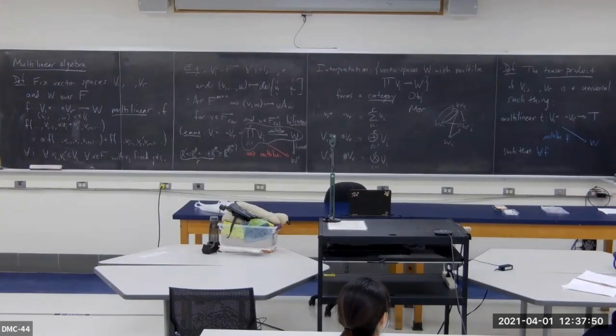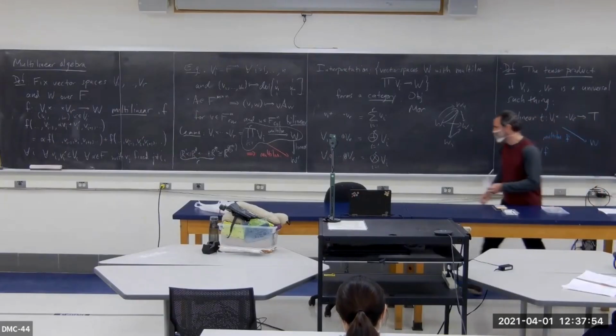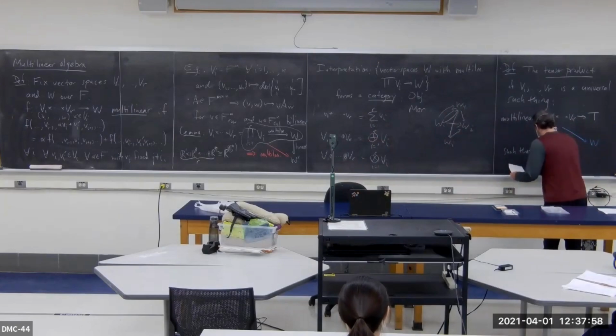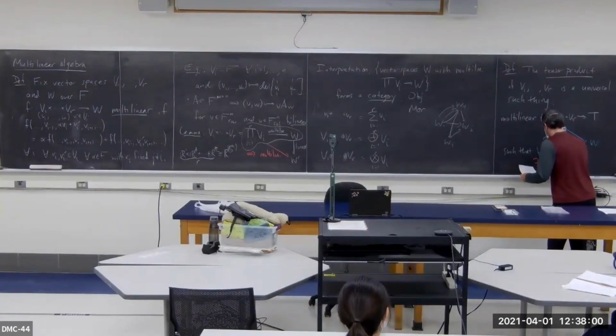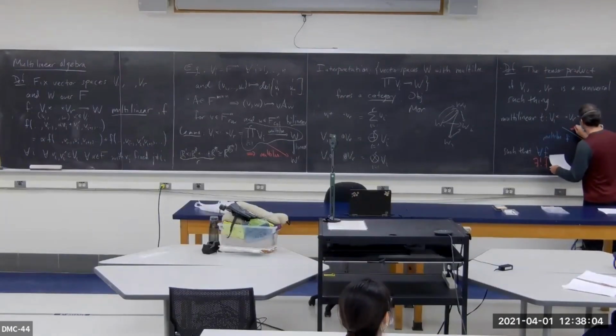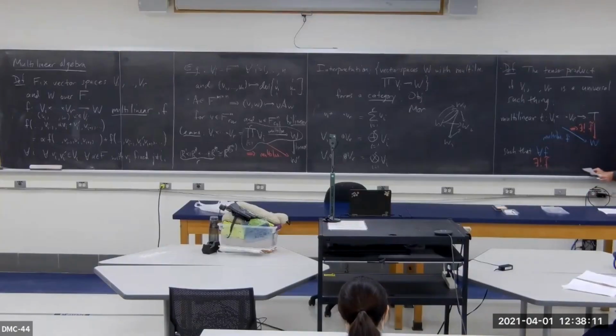So for every multilinear F that you give me, there exists a unique F tilde, and the F tilde is going to be this thing, like this, making this commute.